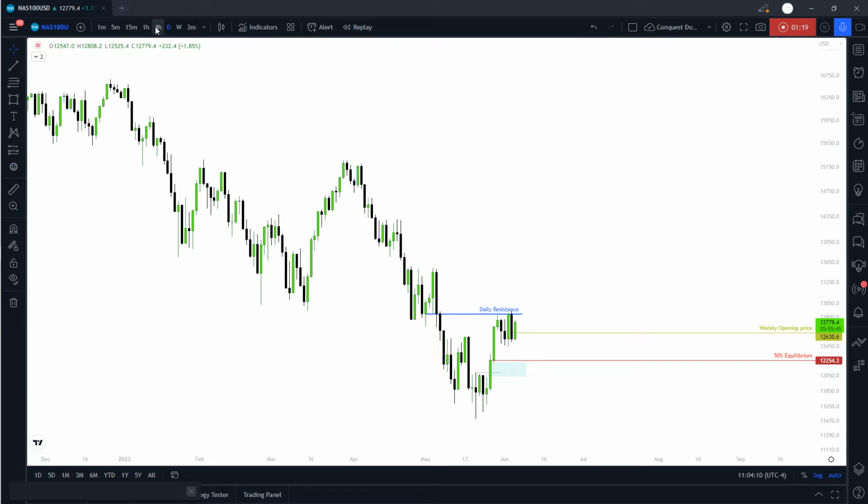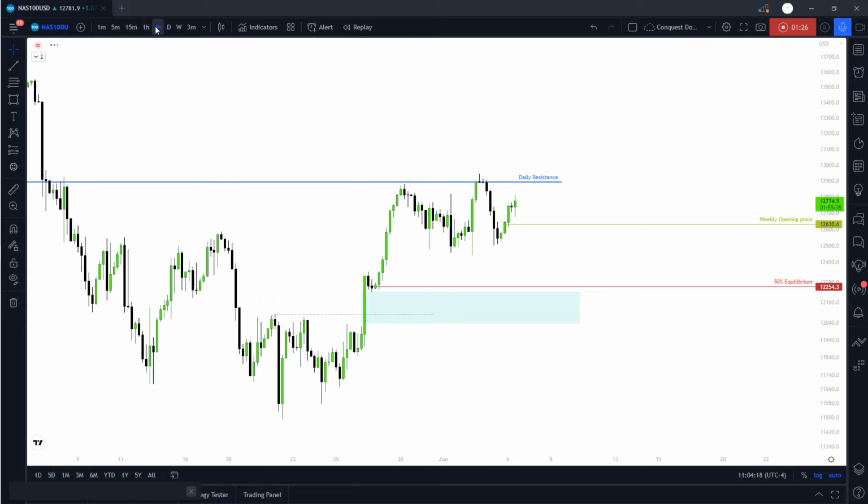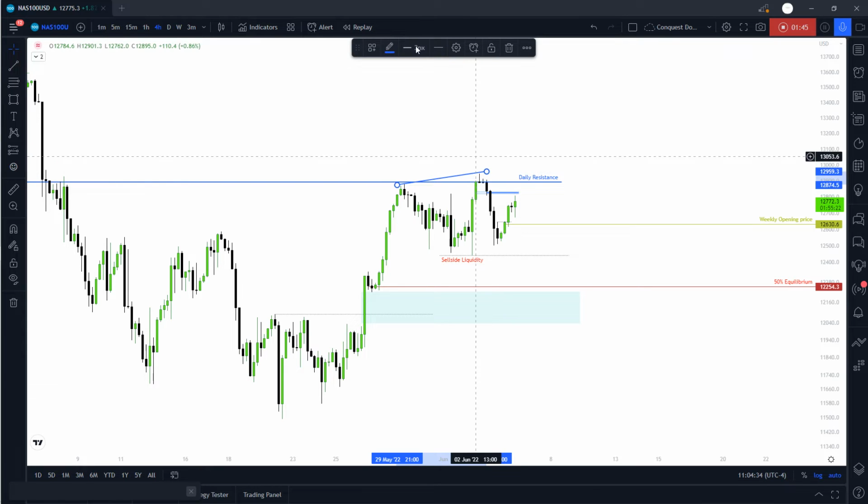So going to the lower time frame on the 4-hour chart, we can see that at our potential resistance area, we created a sort of, if I can just show it right there, like this, so just quickly.